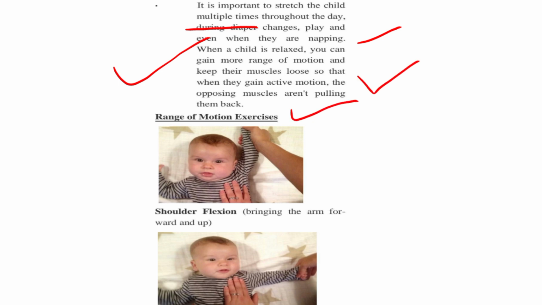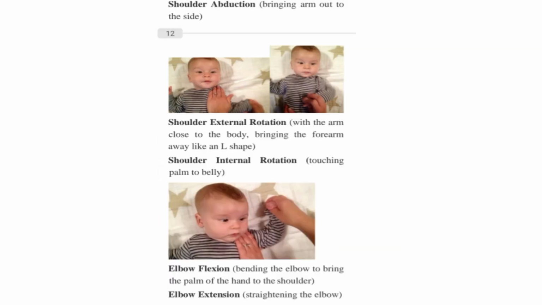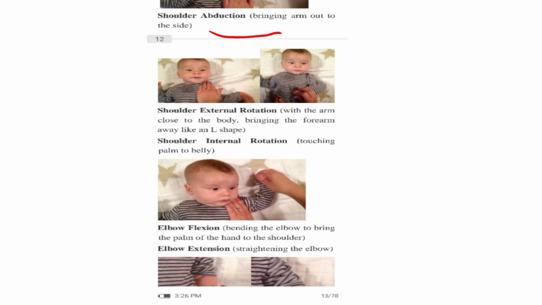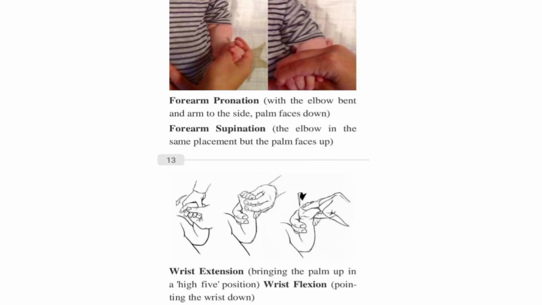Range of motion exercises include shoulder flexion, shoulder abduction, shoulder external and internal rotation, elbow flexion and extension, forearm pronation and supination.